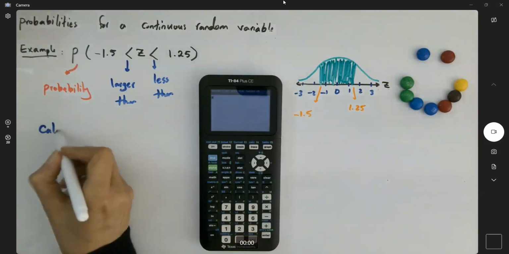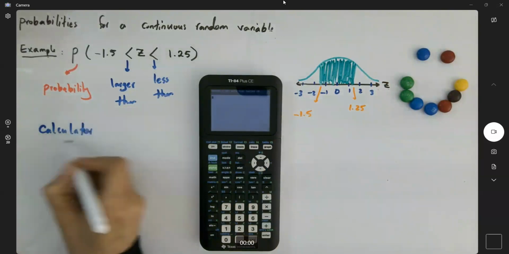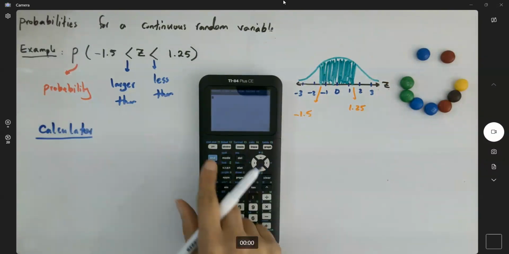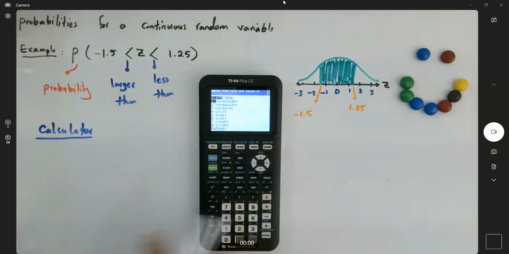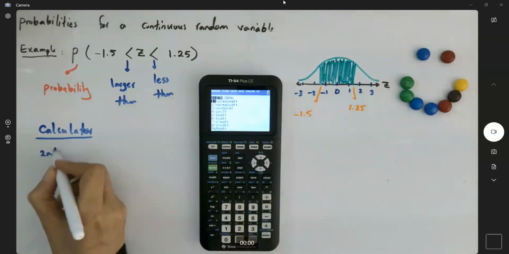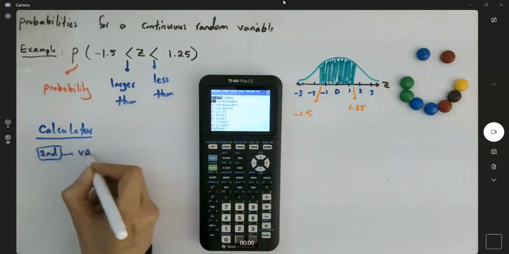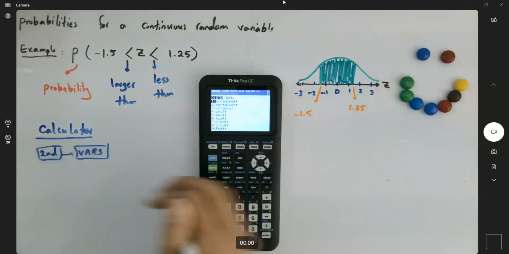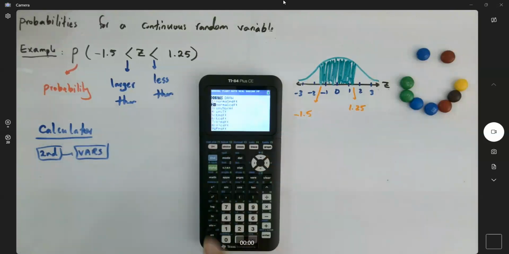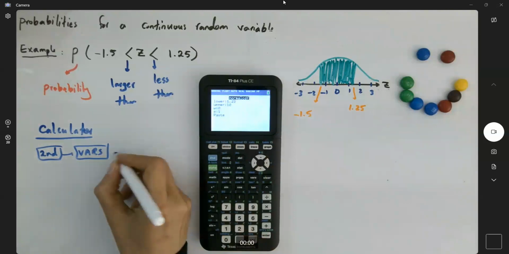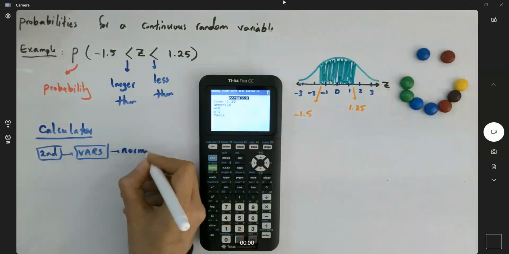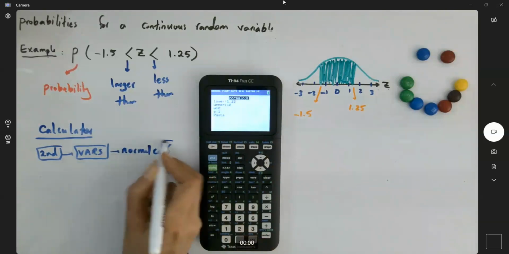So on the calculator, click on second, vars, and find normal CDF. Normal CDF. Very good.